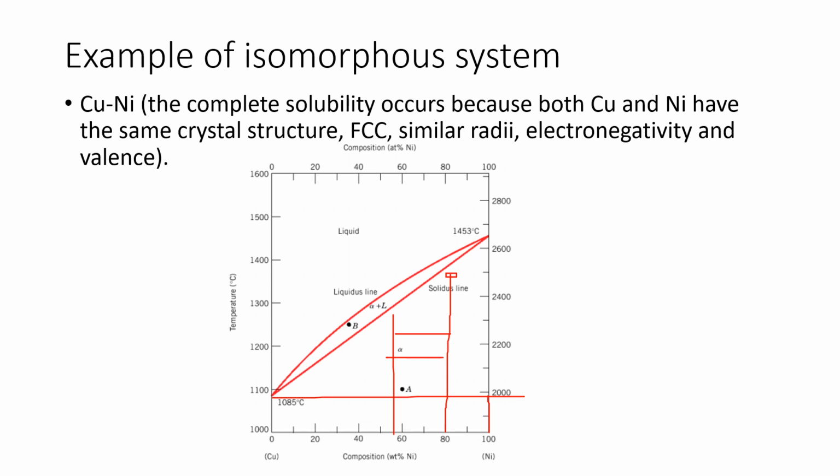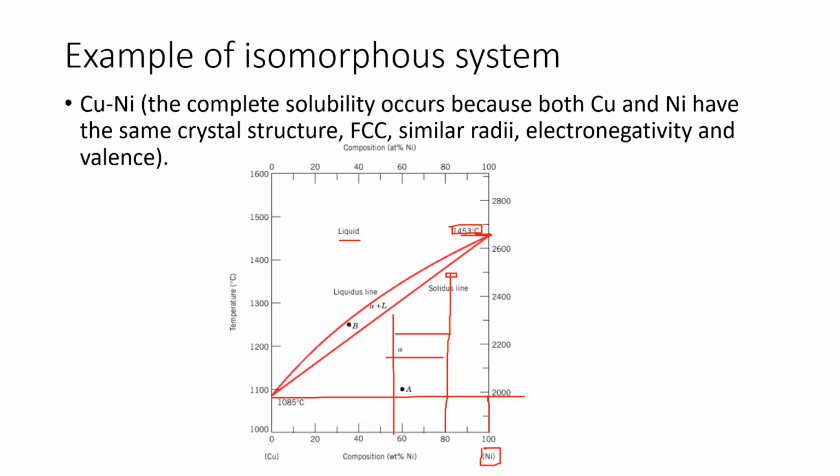As we cross 1453 degrees centigrade, which is the melting point of nickel, if pure nickel is heated until 1453 is reached, above this temperature the solution is converted into the liquid phase.